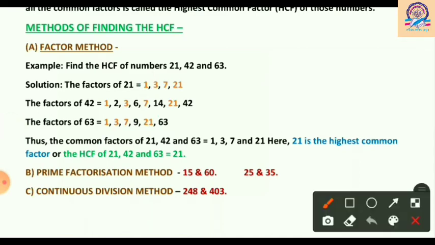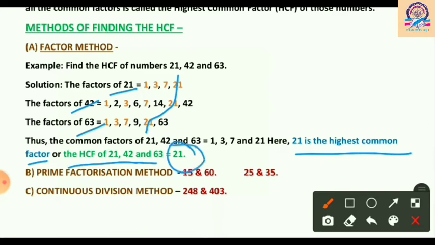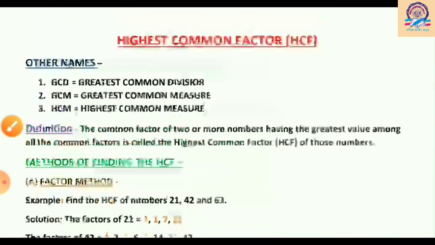No doubt we can say 21 is the biggest factor among all these factors. Okay, and this is common. So we can say 21 will be the HCF of 21, 42 and 63. And here we can write 21 is the highest common factor, or the HCF of 21, 42 and 63 is 21. So now come to the definition.